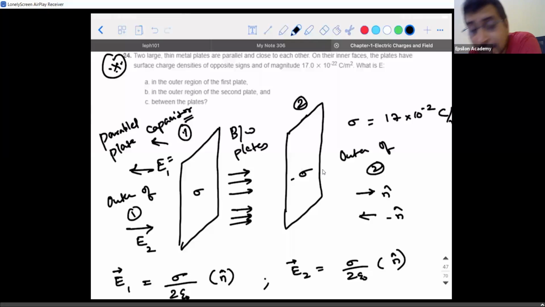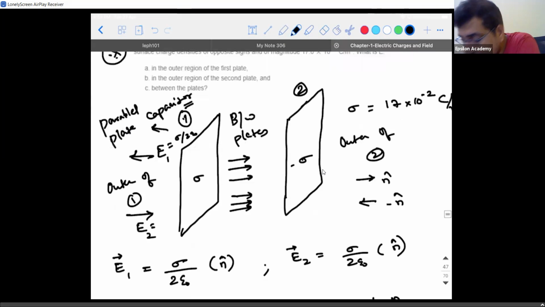So what is the magnitude of the electric field due to the first surface charge density? It is sigma by 2 epsilon naught. What is the electric field due to the second surface? It is also sigma by 2 epsilon naught. So on the outer side of 1, the electric field due to the first sheet and the electric field due to the second sheet are in opposite directions, as a result of which the net electric field comes out to be 0.